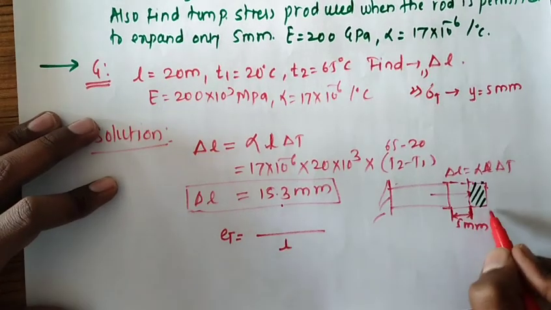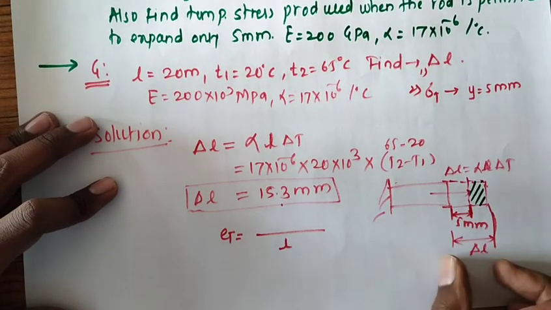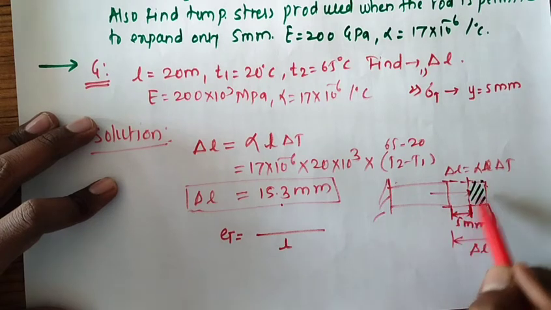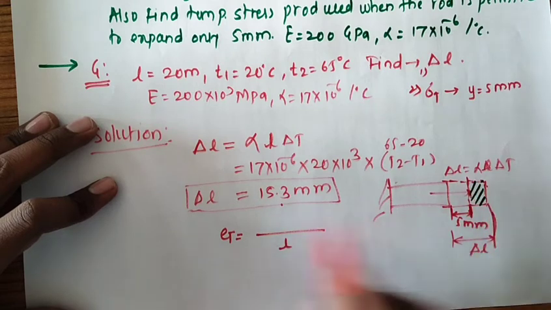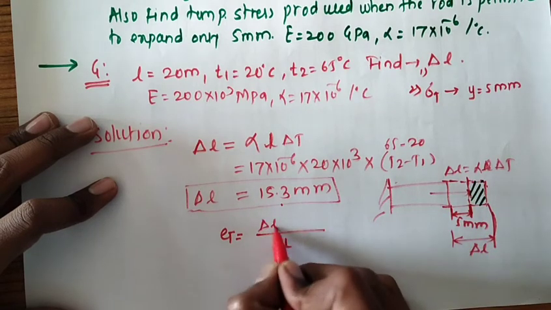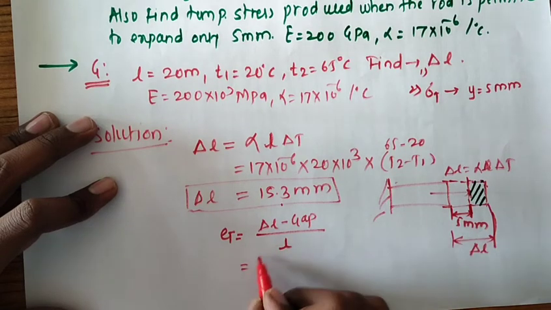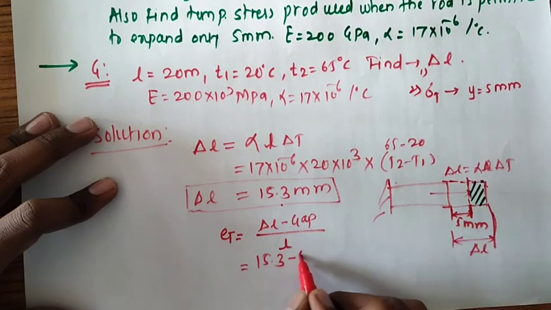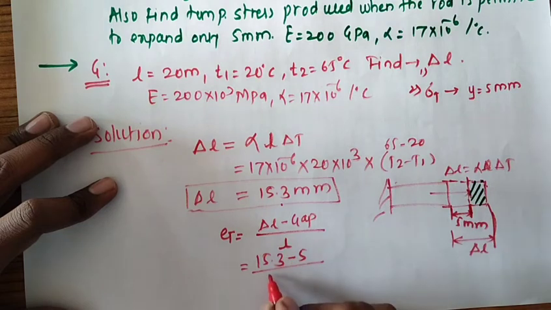You can see here, this one, delta L, is total expansion. Allowed expansion is 5 mm. Means prevented is how much? This shaded region. So expansion prevented is equal to delta L minus gap, that is 15.3 minus how much gap is? 5 mm, upon L. L is how much? 20 meter, so 20 into 10 raised to 3.